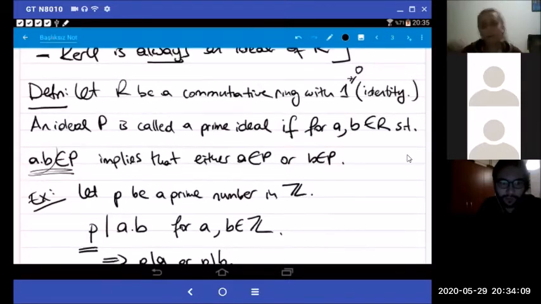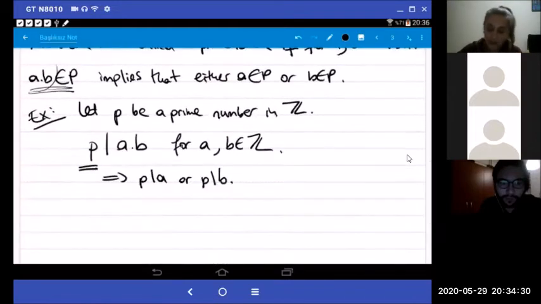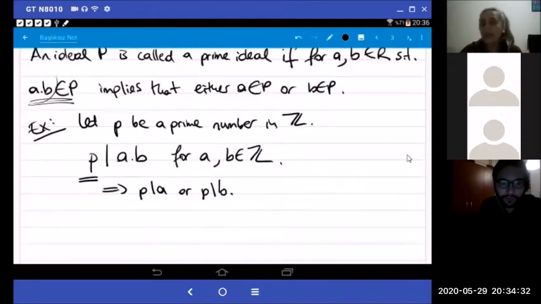I'm giving you a product of two elements, and you have to show that one of the terms in the product has to lie in P. If one product fails, then you cannot say that P is a prime ideal. You have to show that for all possible products, either a or b lies in P. Then you can say that P is a prime ideal.